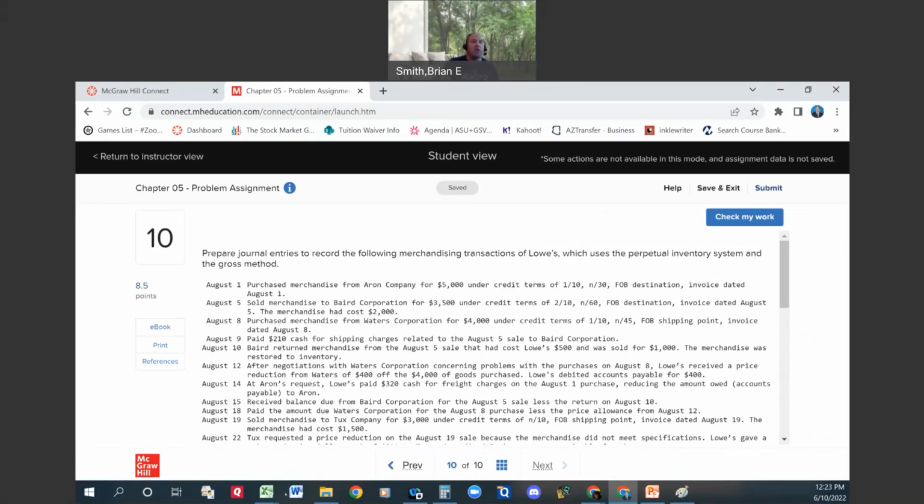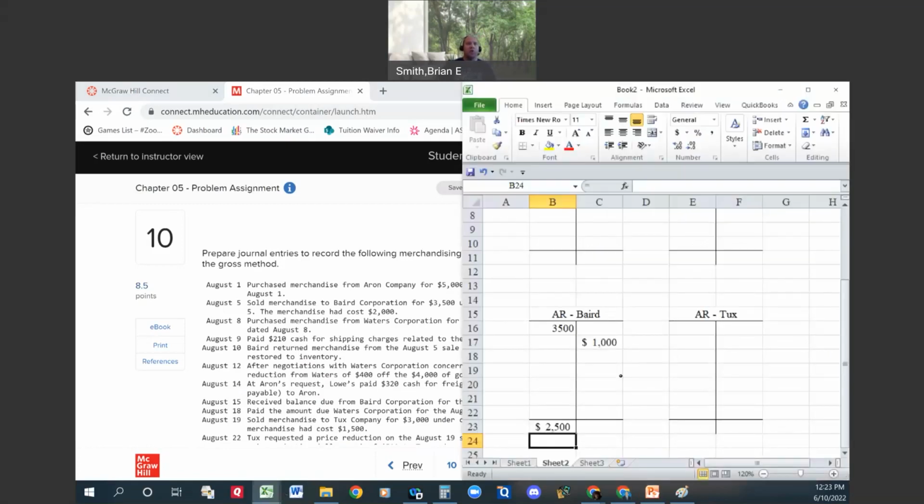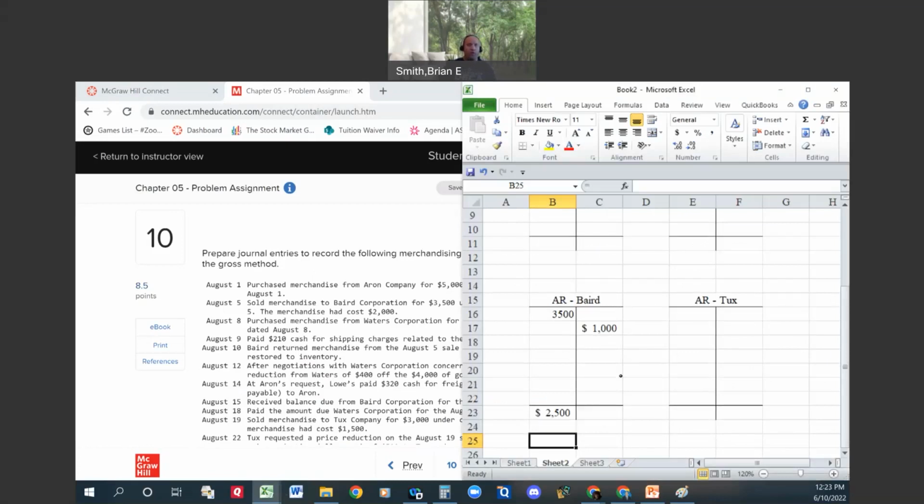So let's go ahead and look at this. So now how much are we going to discount them? We're going to multiply this by 0.02. And so we're discounting them $50. So we're actually in cash only going to receive $2,450. Let's go ahead and do that journal entry down here.